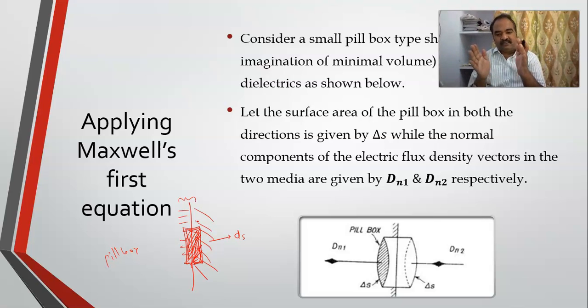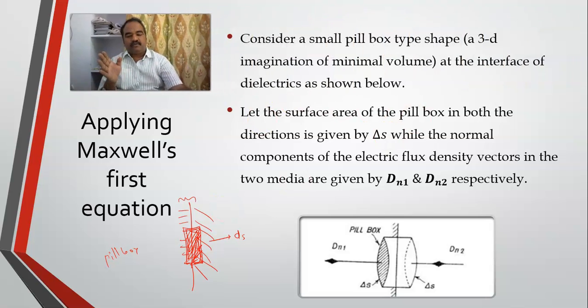So surface 1 and surface 2: surface 1 is extending into medium 1, and surface 2 is extending into medium 2.